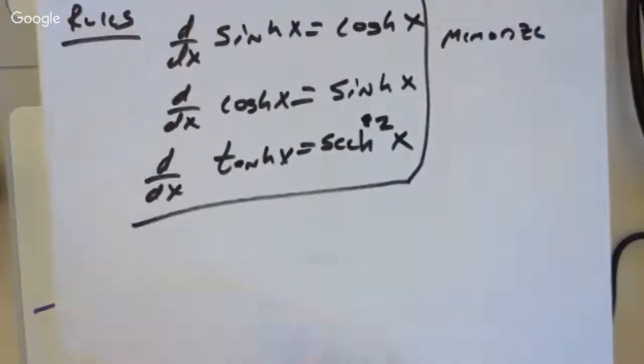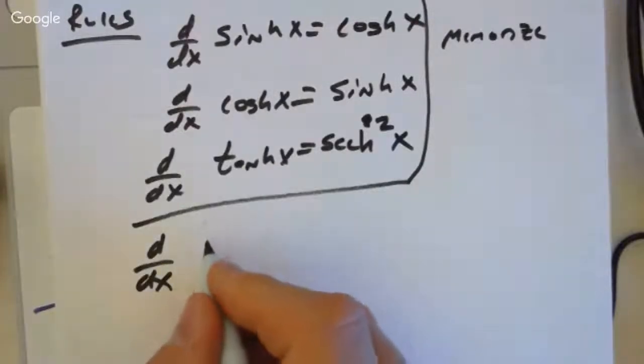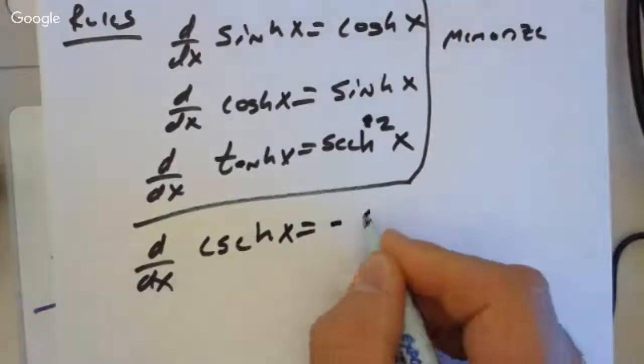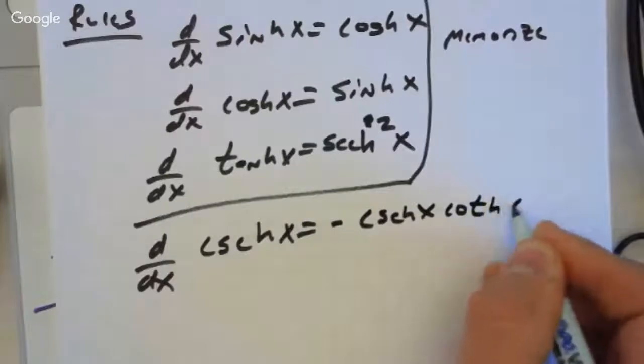For the homework tonight, I am going to just show you what these are. The derivative of cosecant hyperbolic is equal to negative cosecant hyperbolic, cotangent hyperbolic.